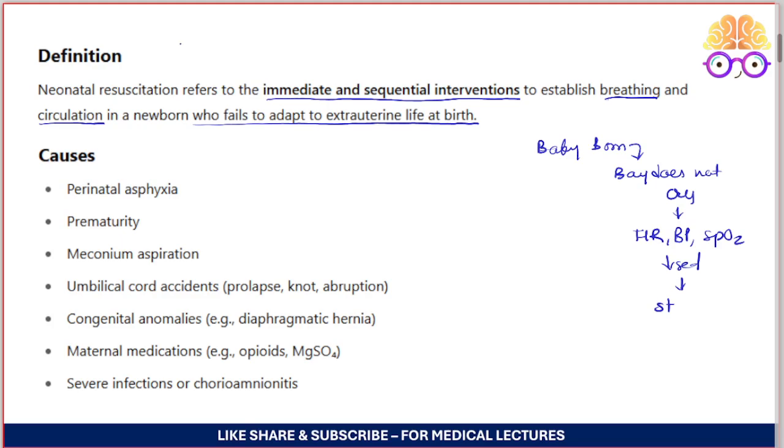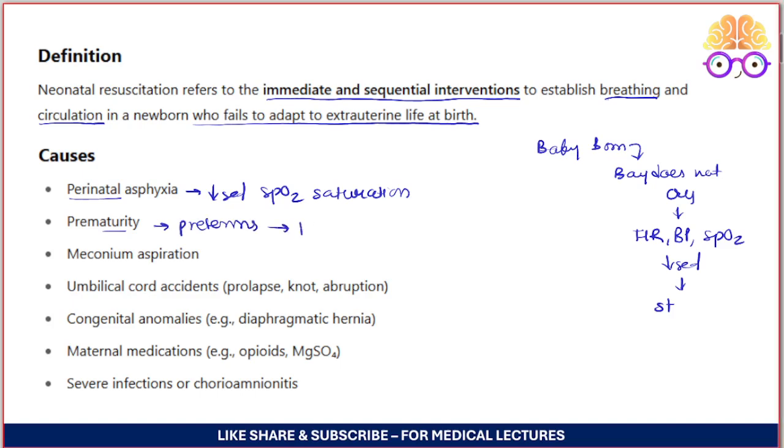So what are the causes? What things can cause such a thing? First and foremost is perinatal asphyxia, like decreased SpO2 saturation. And then we have prematurity, like preterm babies with premature lungs.